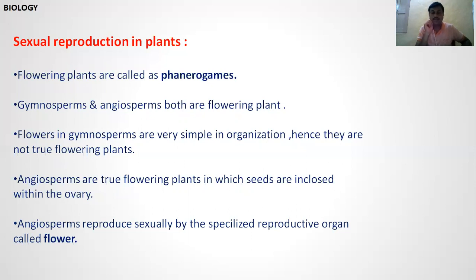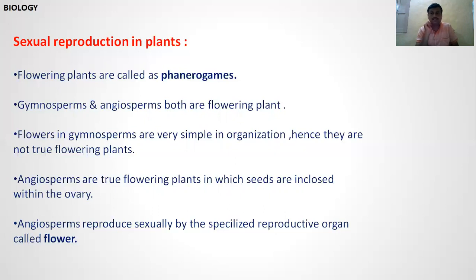But the angiosperms are the true flowering plants, in which seeds are enclosed within the ovary. Gymnosperms are not true flowering plants; they have a very simple organization. The seeds are completely enclosed within the ovary in angiospermic flowering plants.